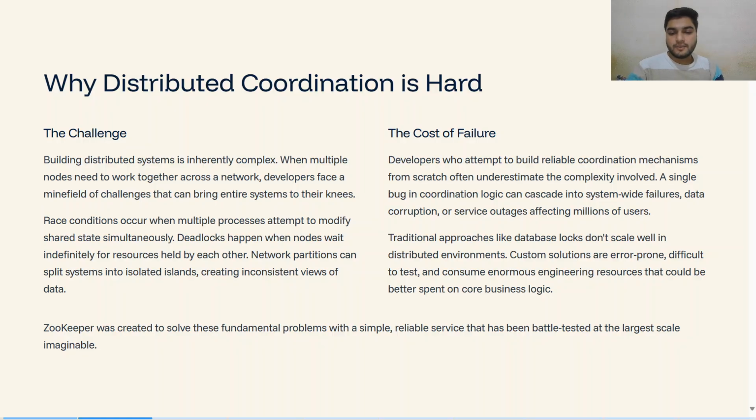And network partitions can split a system into isolated parts, each with a different view of data. All these issues can cause system failure, data corruption, and other severe problems.